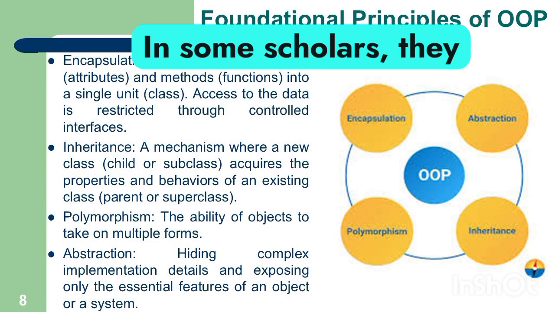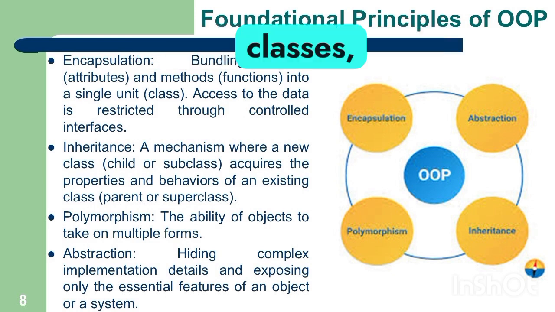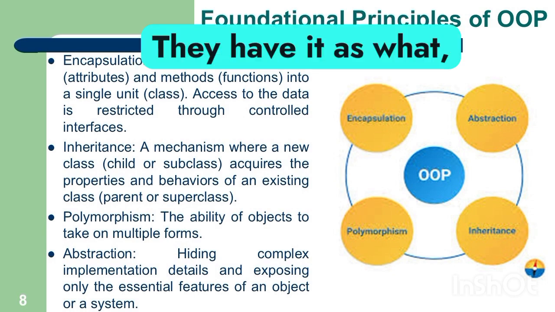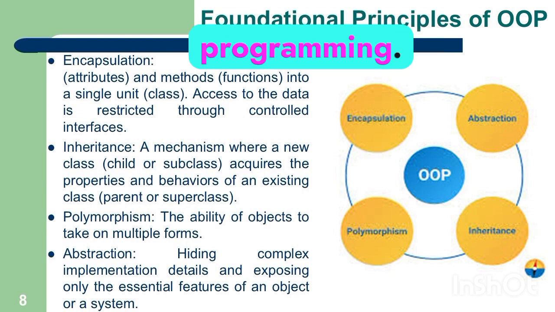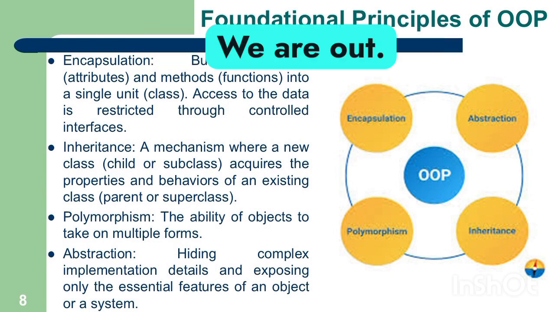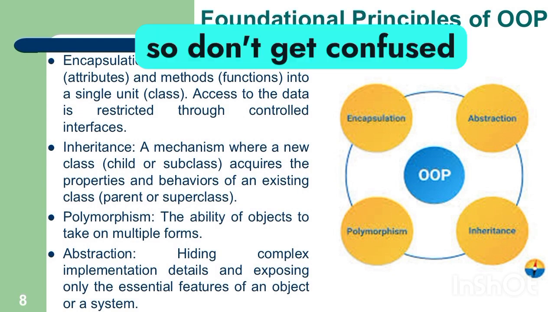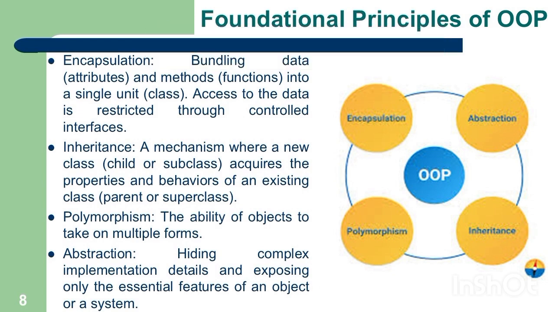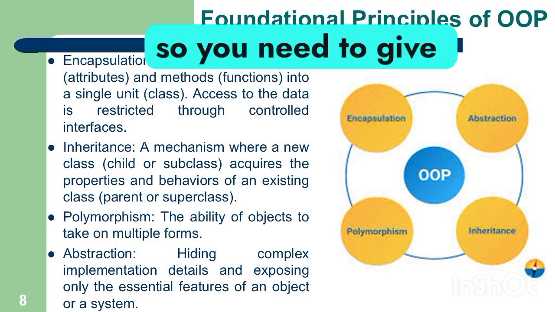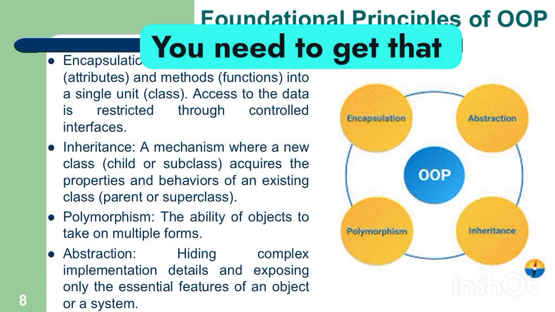Some scholars have classes, objects, and what have you, up to 5 or 7 as their principles. But for the purpose of this class, we have outlined 4 foundational principles. So don't get confused. If you are asked for foundational principles, just give those 4. If you are asked for principles of object-oriented programming, you need to give everything you know. You need to get that right.